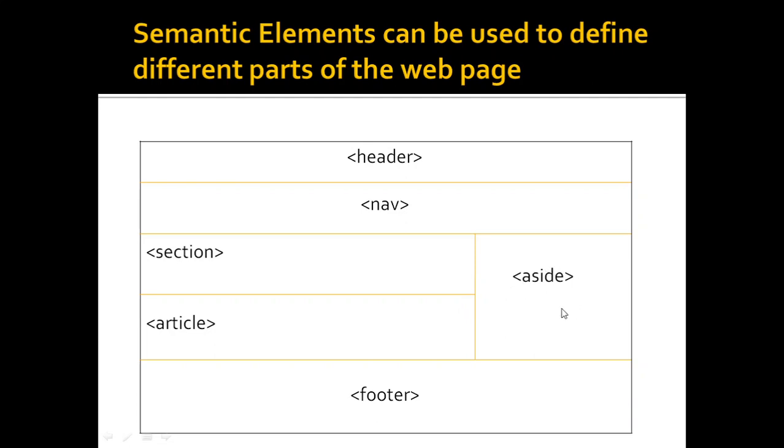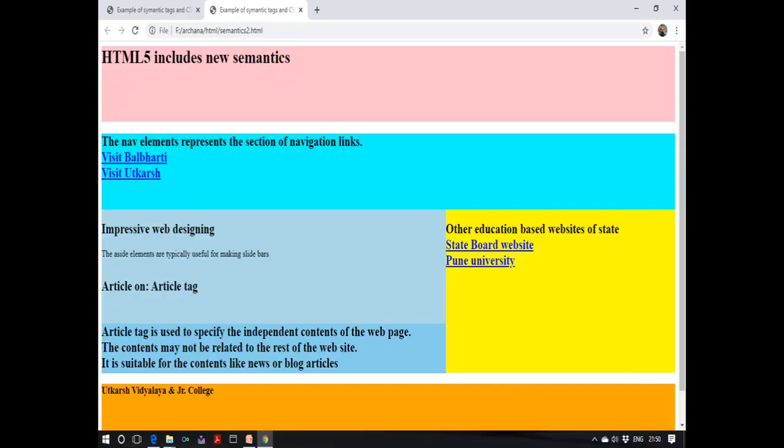You can see over here the contents which are placed in the aside tag will be shown at the side of the screen like a sidebar. And at the last, the footer section, as the name itself suggests, will be displayed at the bottom of the web page. In this way, we can organize our data using the new semantic tags present in HTML5.